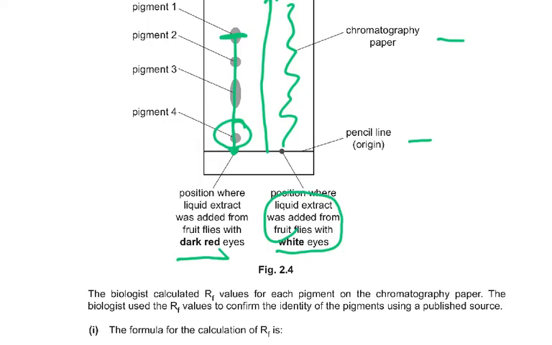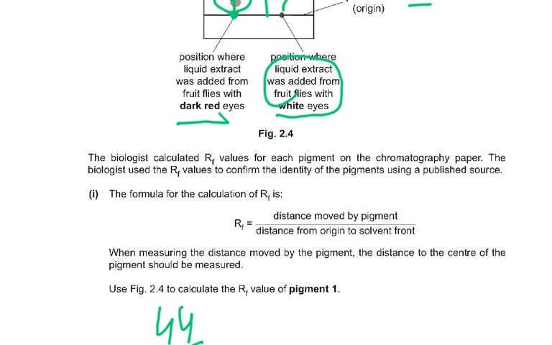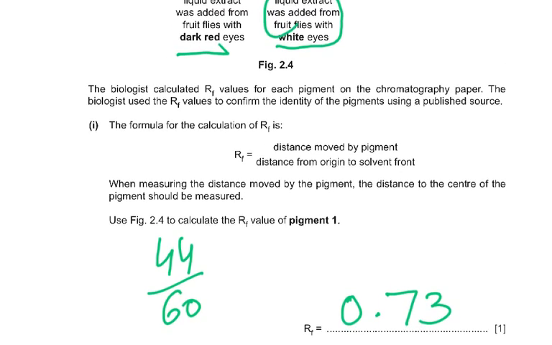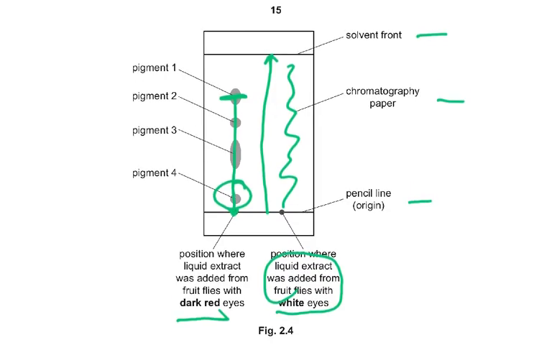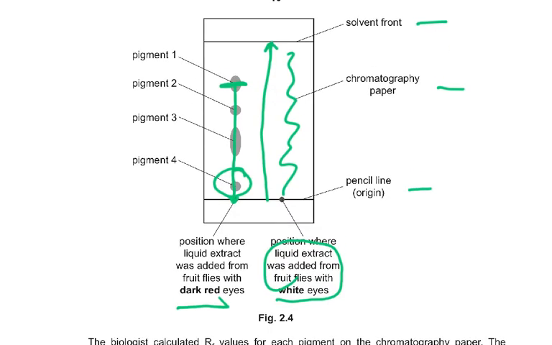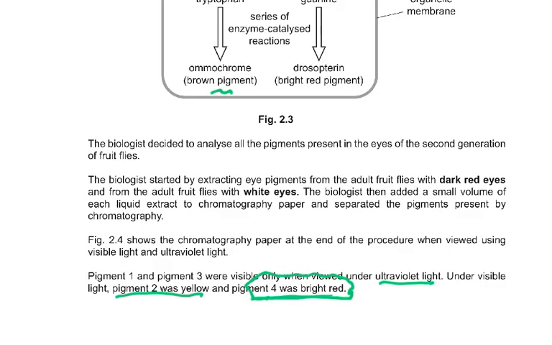Why? Because it told you here in the question that pigment 4 was bright red. So pigment 4 is drosopterin, and omochrome, the brown pigment, is insoluble in the chromatography solvent, because none of the pigments in the chromatogram are omochrome, the brown pigment.